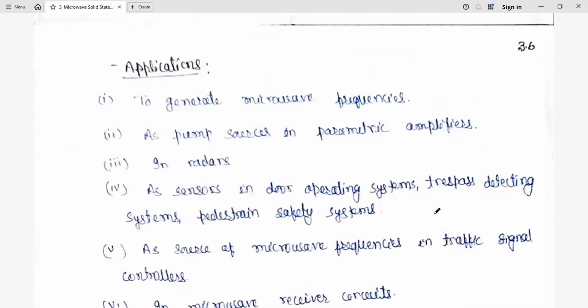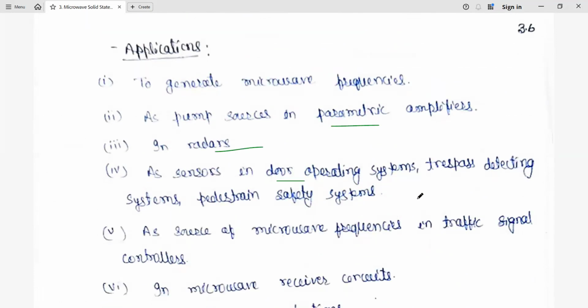What are the various applications? It is used to generate microwave frequency, and as a pump source in parametric amplifiers, in radar, and as sensors in door operating systems.